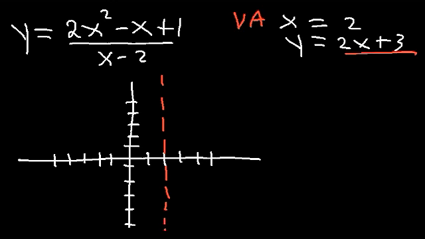This is a linear equation in the form y is equal to mx plus b. m is the slope, b is the y-intercept. So the y-intercept is 3, so the graph is going to touch the y-axis at 3. And the slope is 2, which is the rise over run, so it's basically 2 over 1. As you move 1 to the right, you need to go up 2. 1 to the right, up 2. Or you can go backwards, 1 to the left, down 2.